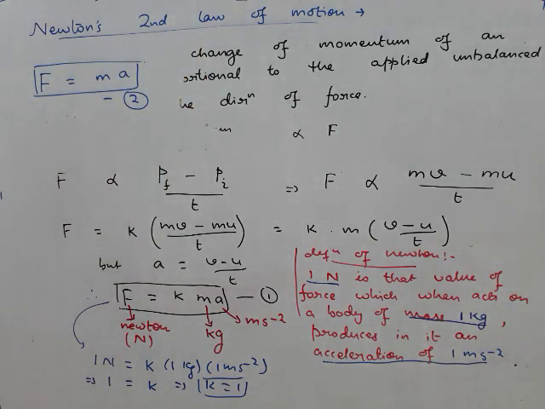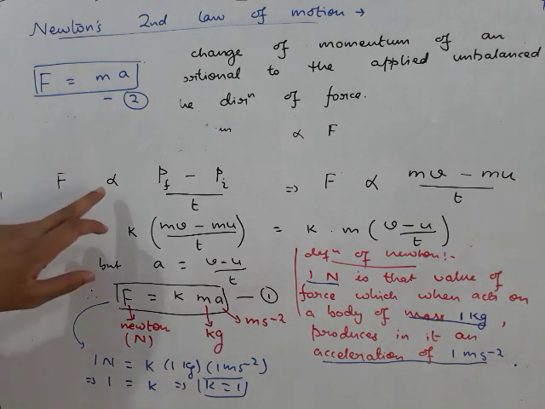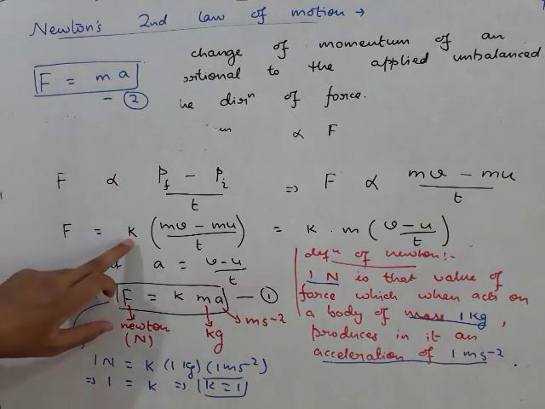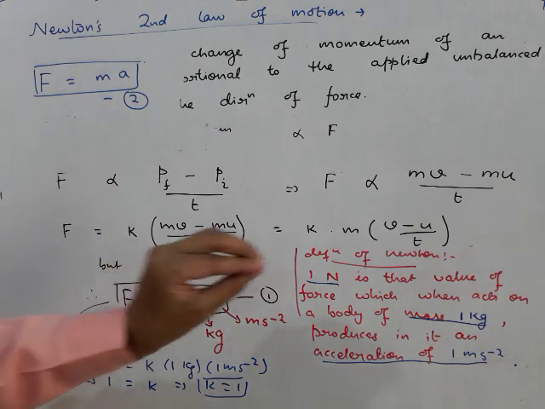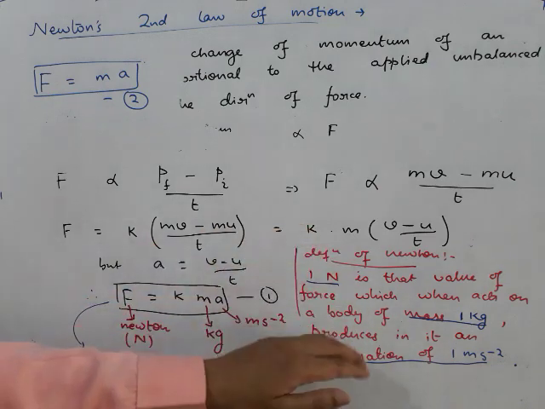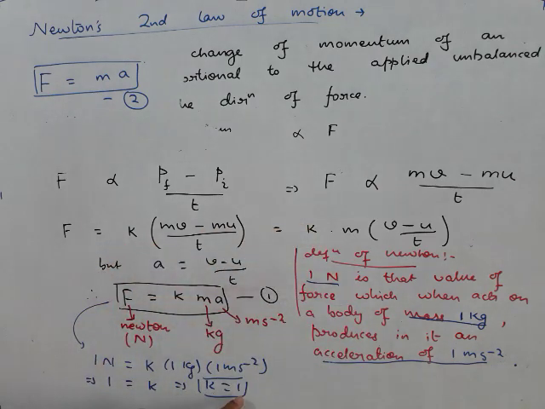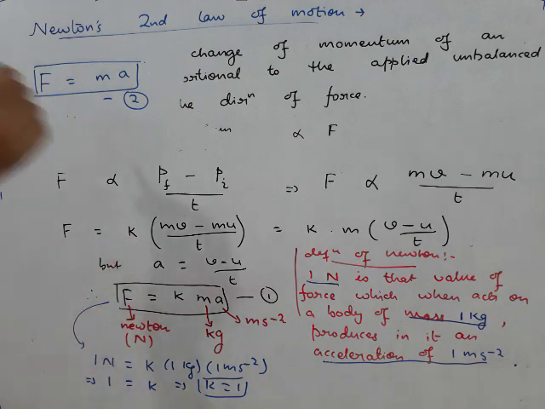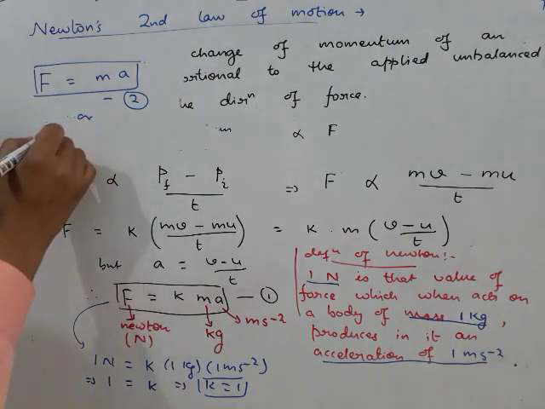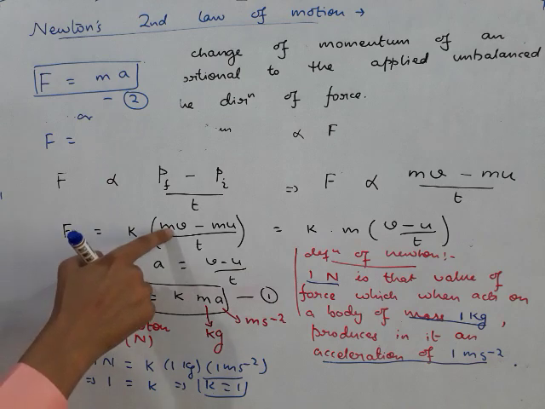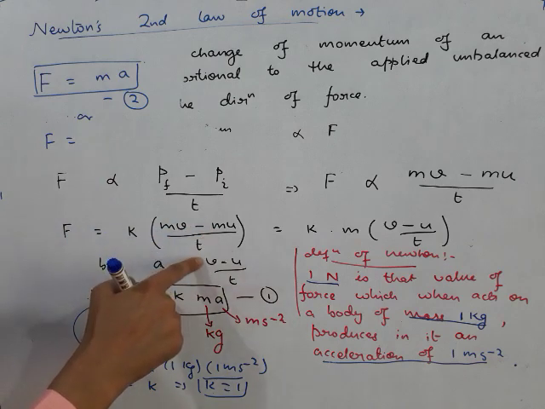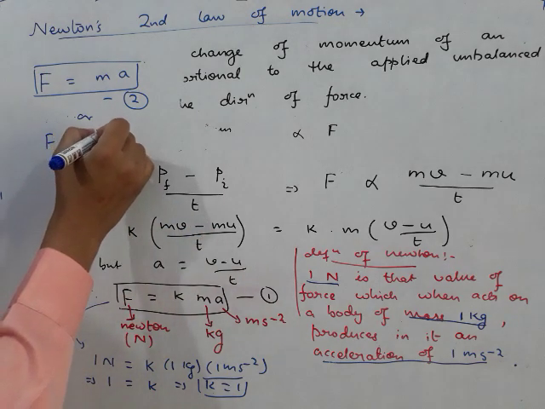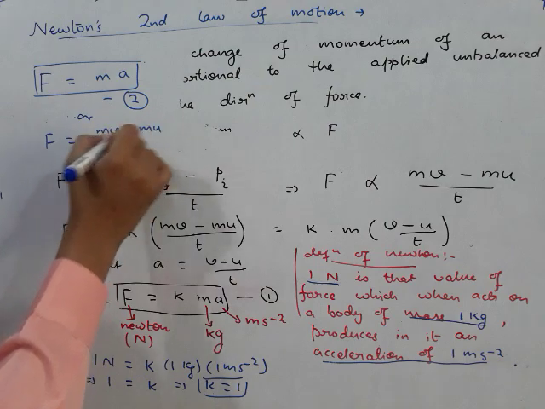So there are two ways of writing it. Earlier we were adding the proportionality symbol, and for that constant k, the definition for Newton is chosen in such a way that the k value comes out to be 1. So our equation becomes F is equal to m into A. If you put k is equal to 1 in the earlier equation, then you will get another equation, that is F is equal to mv minus mu by t.